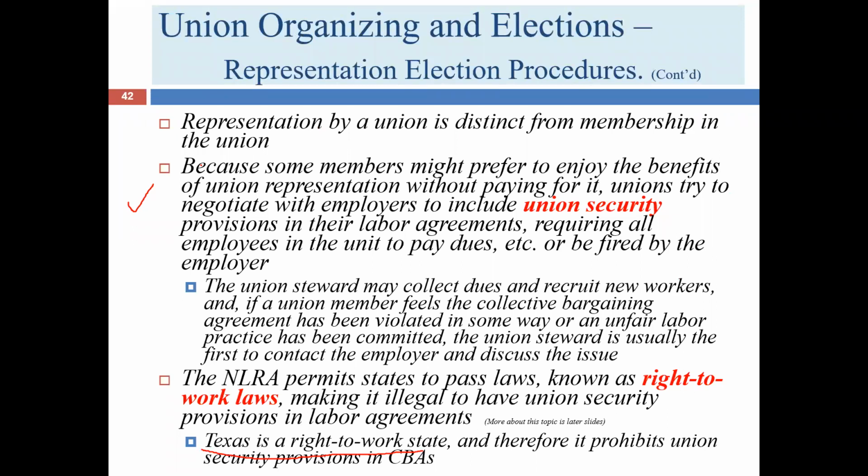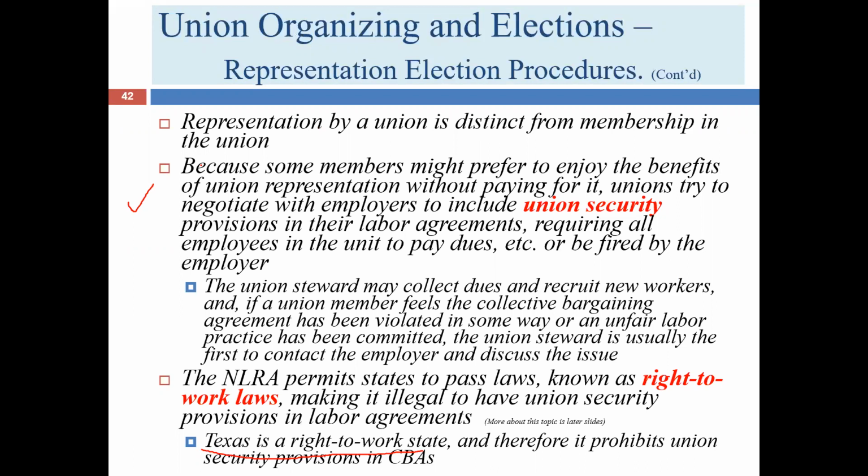Their source of revenue are union dues, just like when Ford Motor Company, its source of revenue is selling cars. And a law firm, its source of revenue is the hours that attorneys and paralegals bill. Well, the source of revenue for unions are those dues. So you can see the problem.